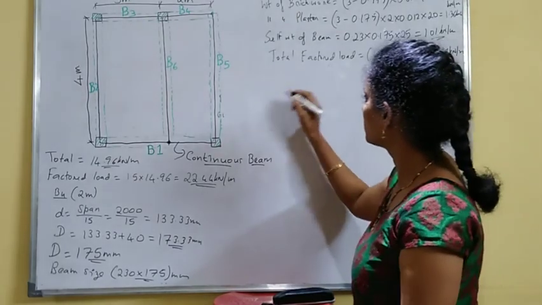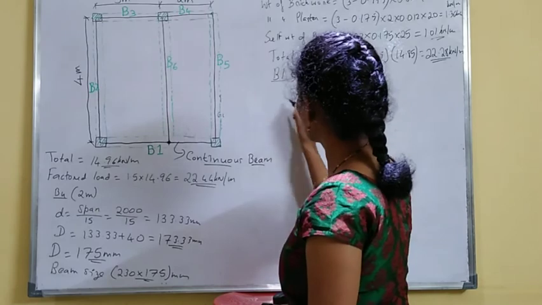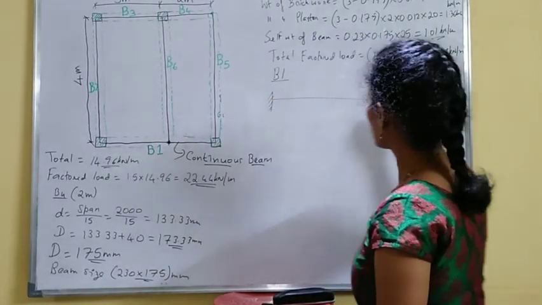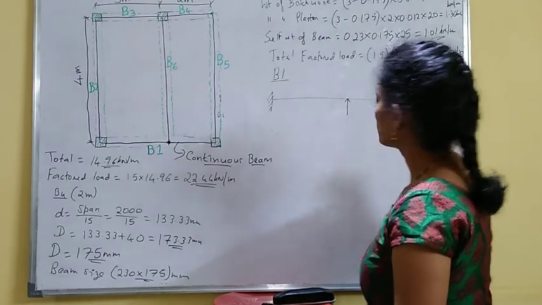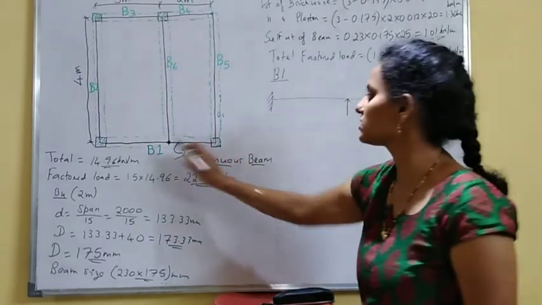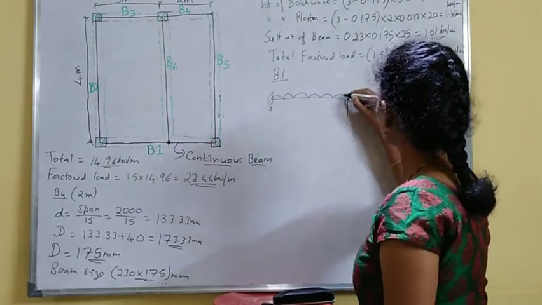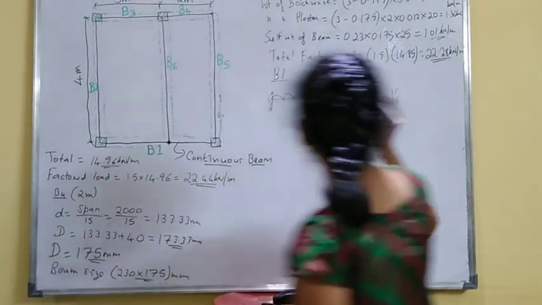Now I'll draw the free body diagram of all the beams. So first I'll show B1. This is your column, so fixed support. Here you have reaction. This you consider hinge support, and total load for B1 is 22.35.